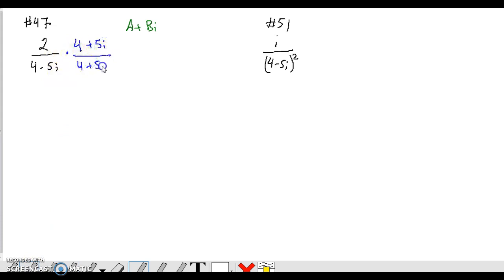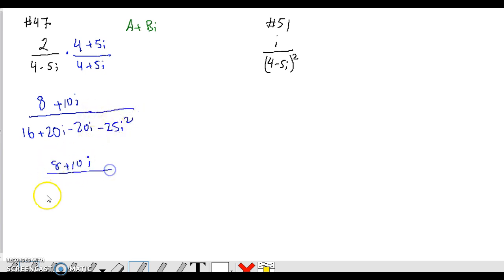4 plus 5i. So 2 times 4 gives us 8 plus 10i squared. In the denominator, this will give you 16, and then plus 20i minus 20i minus 25i squared. So 8 plus 10i, and this will be a 16 plus 25. Let's add those numbers together.